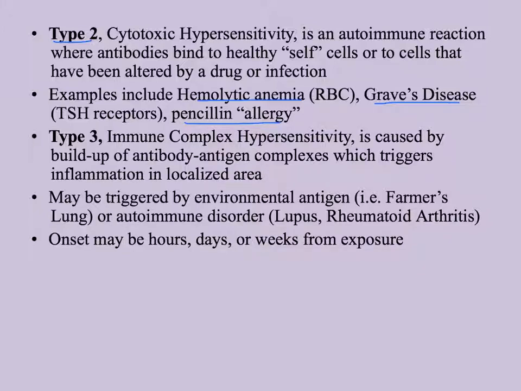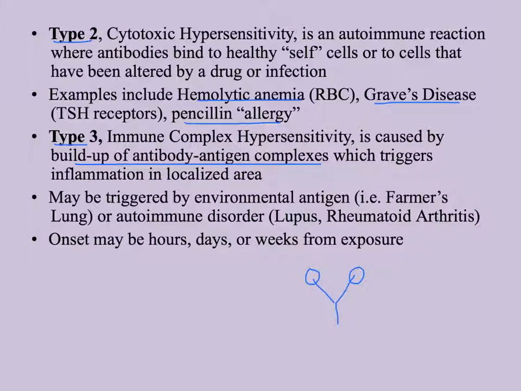Type 3 happens when you have a buildup of the antibody and antigen complexes. You remember the antibodies are sort of a Y shape, and so on each of the top of the Ys there's a place where it can bind to an antigen.